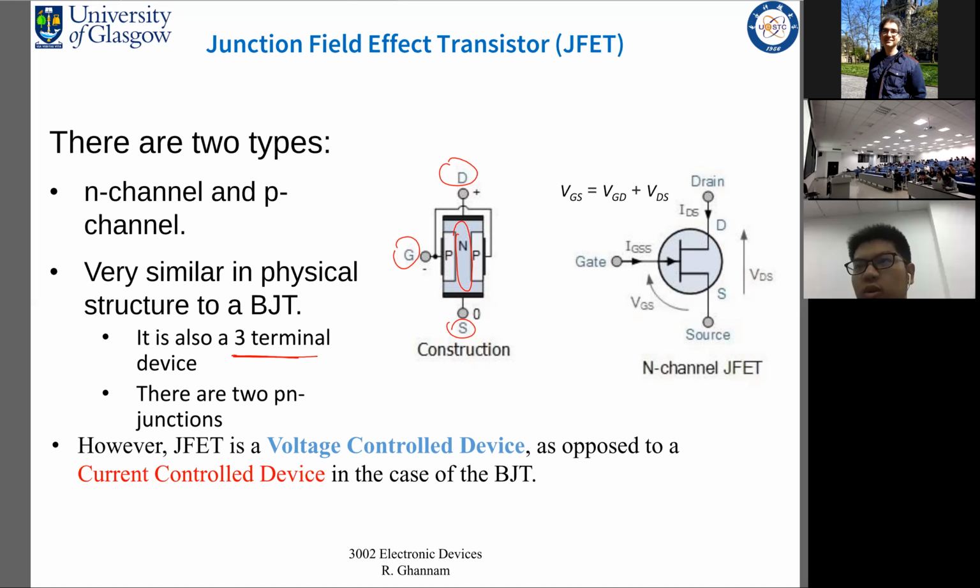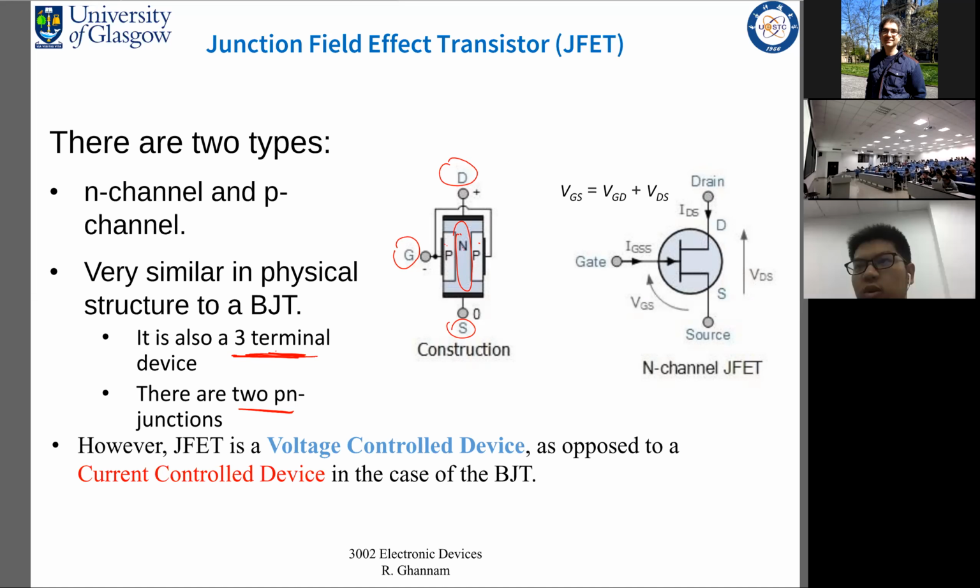A p-channel would be the opposite, with current flowing in a p-type material. Similar to a BJT, in addition to being a three-terminal device, we also have two PN junctions, one here and another one here.